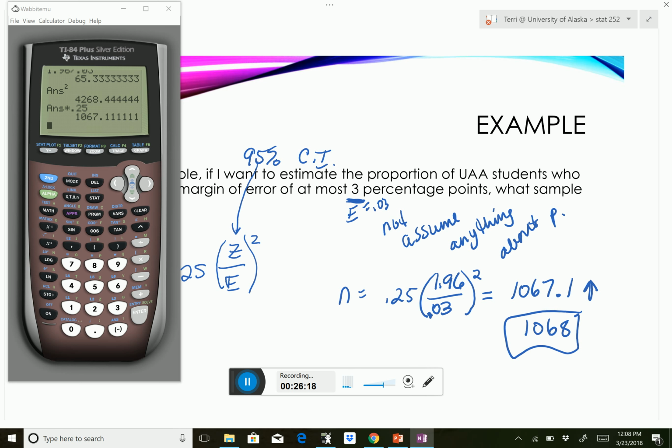I'm not going to retape this, but I'm going to keep it because I think I just showed you a really good way not to make the mistake. If it says 3 percentage points, remember that means my error is actually 0.03. So it's really important that you do that. And again, even though this is 0.1, you still have to round up. So it's actually 1,068 students that I would have to poll in order to get this small a margin of error.